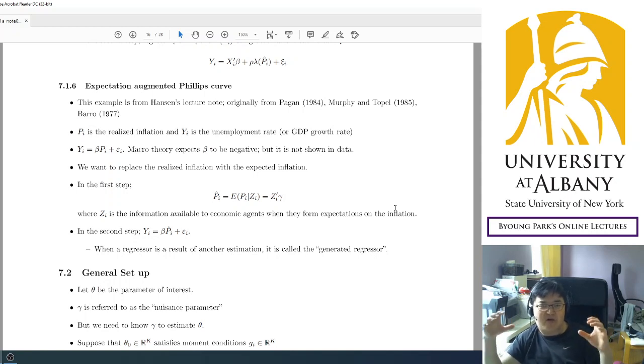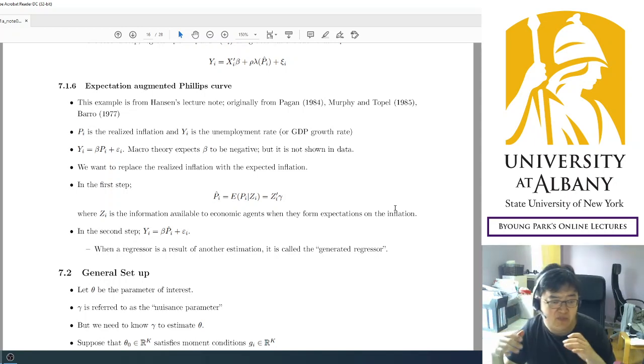For example, some variable does not exist in the data, or you need some information to implement the final regression model. Then usually you have to estimate something before you do the final regression. This is a typical example of two-stage regressions.